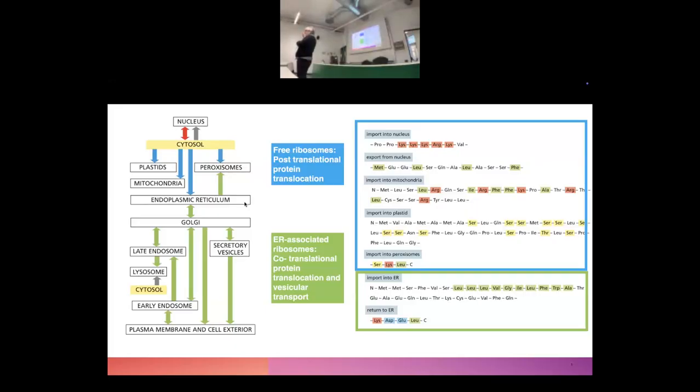Allow the interaction with the membrane of the ER. The SRP interacts with its receptor, and doesn't interact anymore with the ribosome. The ribosome can go ahead with translation. We are on the top of the translocons, and as soon as the protein comes out, it enters the translocon.